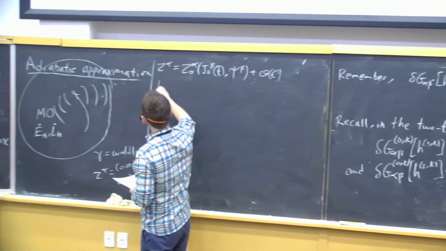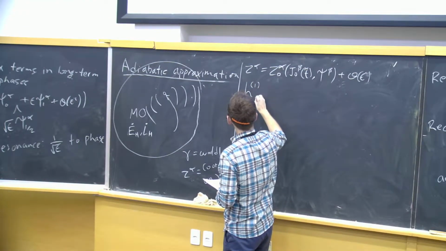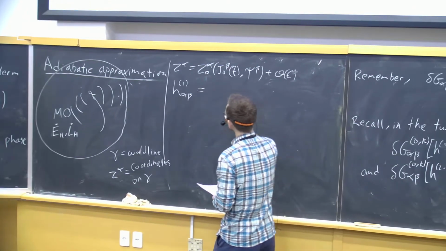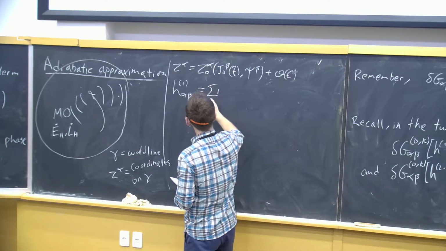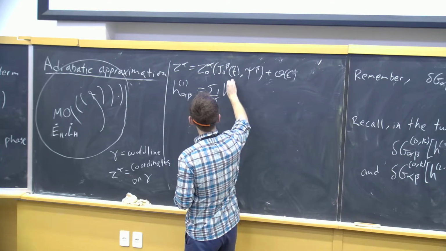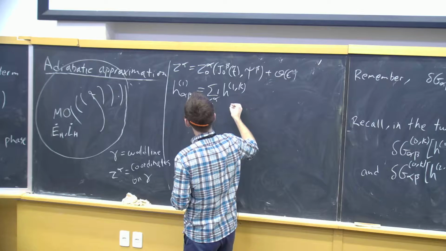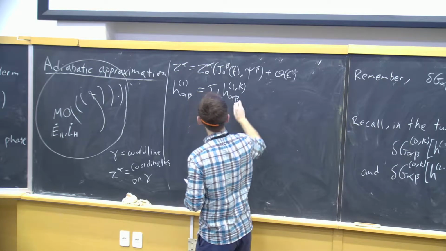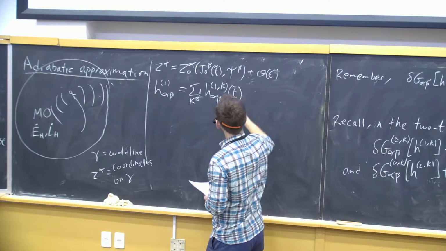Okay, then I said that the first order perturbation in the two timescale expansion is a sum over these phase factors with amplitudes here that are slowly changing with time.